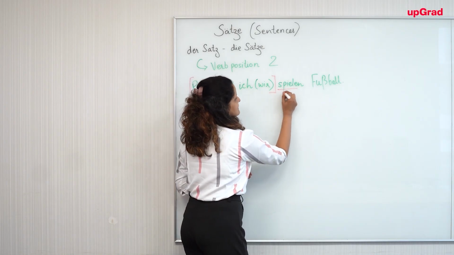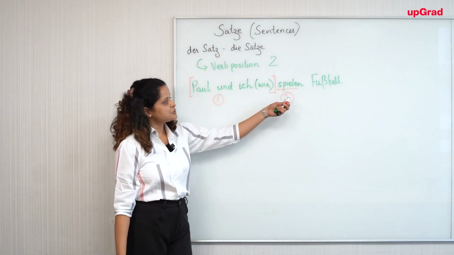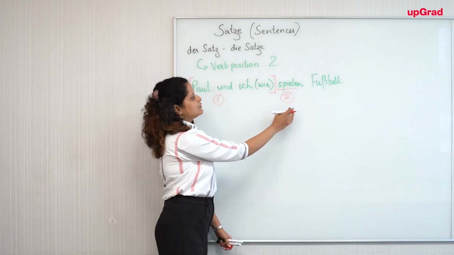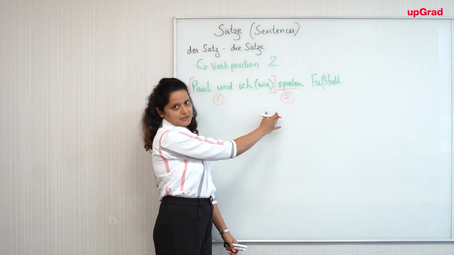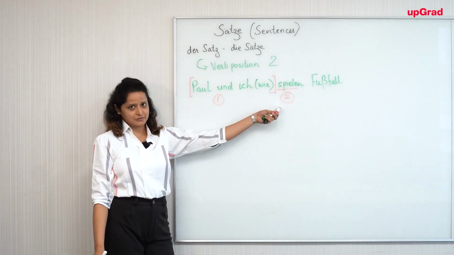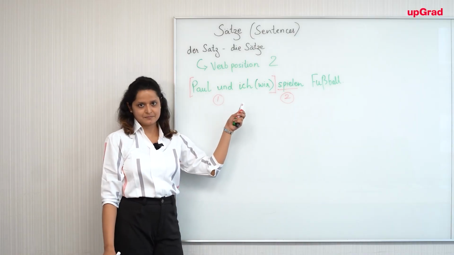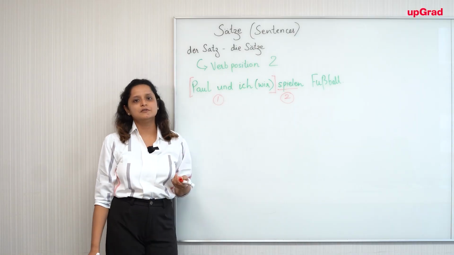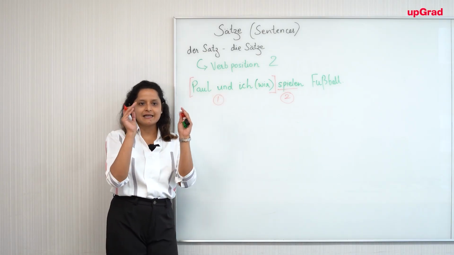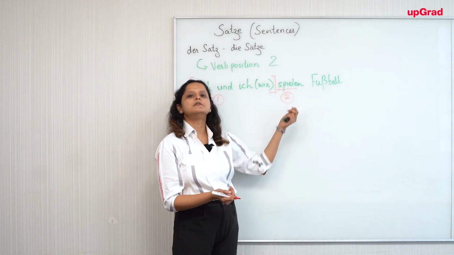And your verb still remains at position 2. So Paul und ich spielen Fußball. Here, this entirely is the first place and your verb still remains here at second place. So whenever we make basic sentences, this verb will always take position 2. You just need to be observant of what your position 1 is. So your position 1 can be one word, it can be 2 words, it can be more information, doesn't matter. As long as it is collectively making sense together, it comes at position 1. Rest, the verb remains where it is.